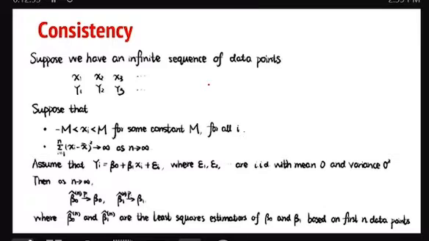Don't forget, we say n tends to infinity, which means we expect the bivariate observations x1, y1, x2, y2, x3, y3 to continue to go to infinity. It means I have a sufficiently large set of observations, and the observations are going to be in pairs.